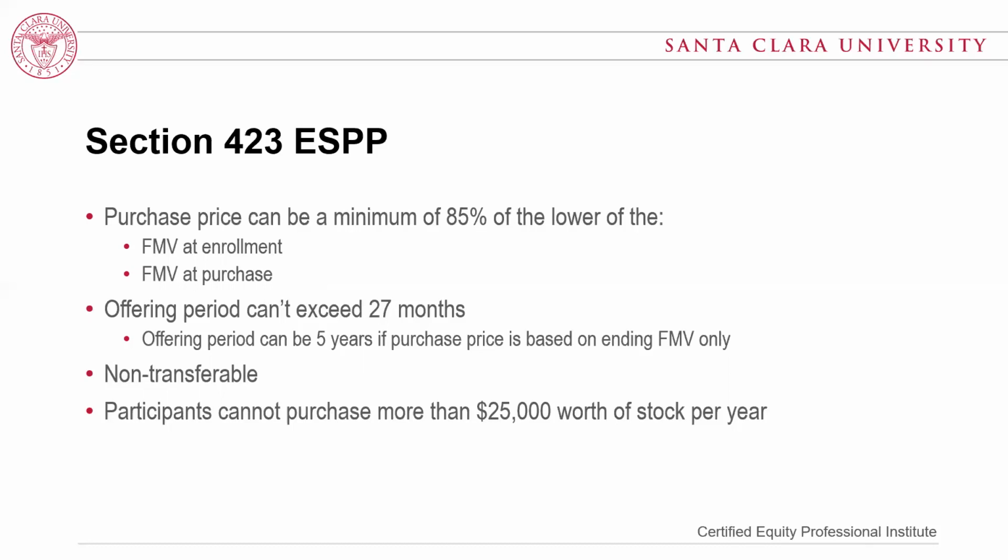There is an IRS limitation of $25,000 on the value of stock that can be purchased in a year. So ISOs had a limitation. Section 423 ESPPs have a value limitation, and we'll look at that on the next slide.